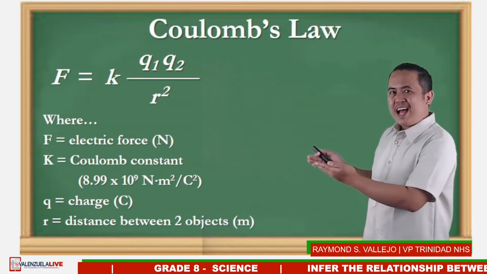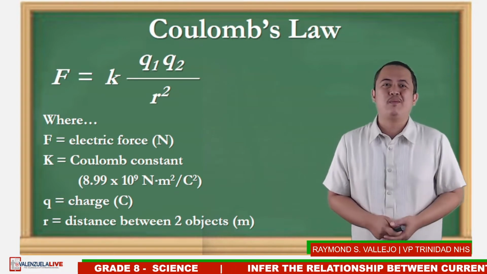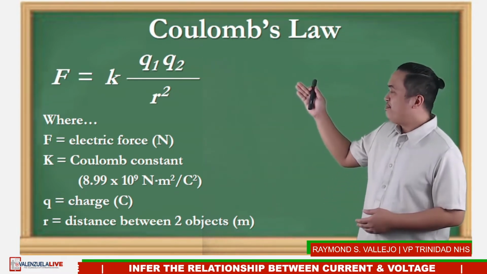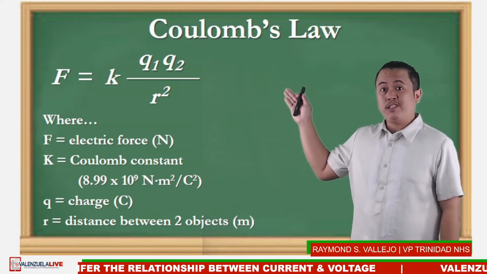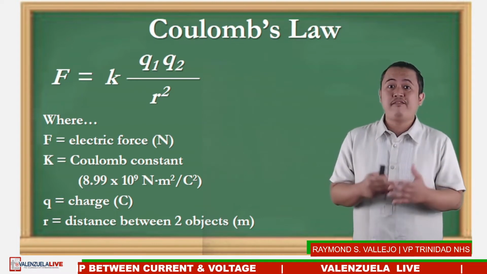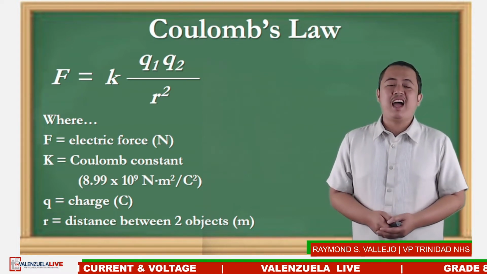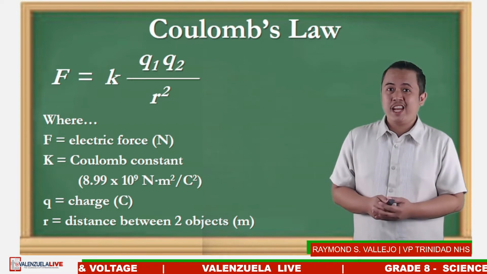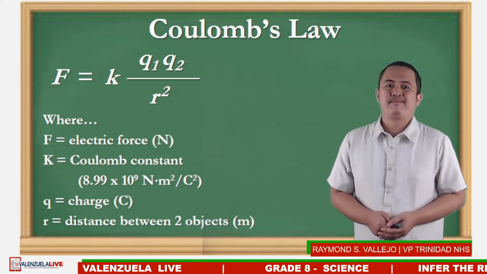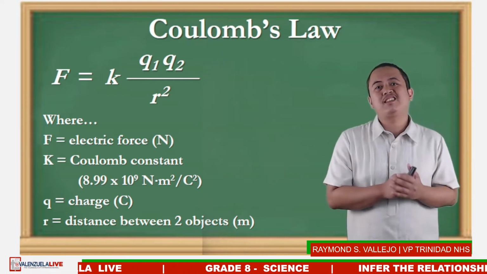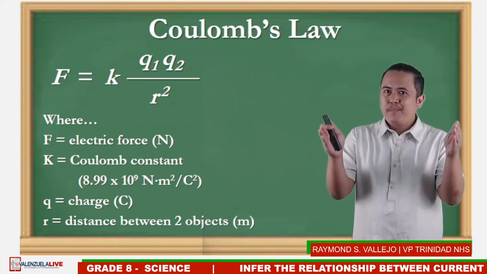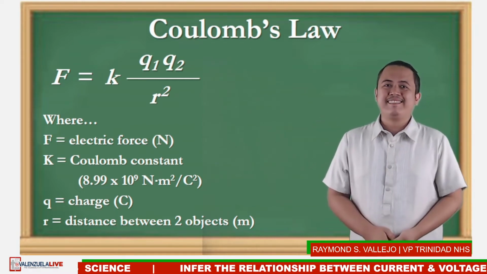This is the formula that describes Coulomb's law. The variables used in this formula are F, which stands for electric force, k, which represents Coulomb's constant that has a value of 8.99 times 10 raised to 9 newton meter squared per coulomb squared, q, which represents charge, and r, which represents the distance between two objects.